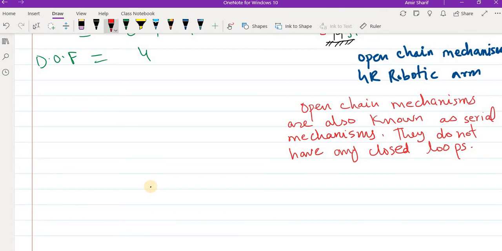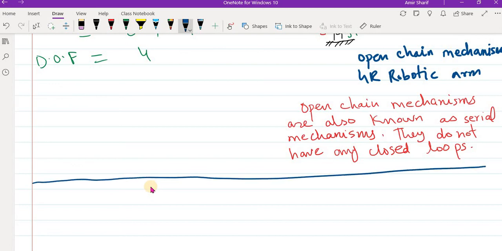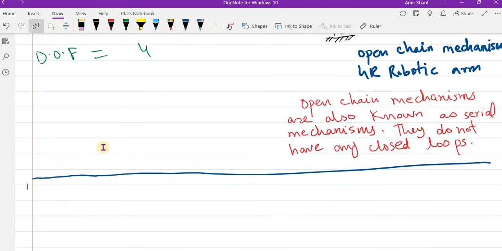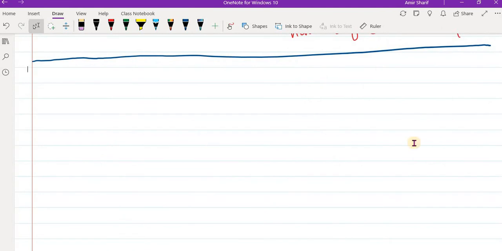Now let's have one more example, so we can completely understand how to calculate the degrees of freedom of a mechanism or a robot using Grubler's formula.